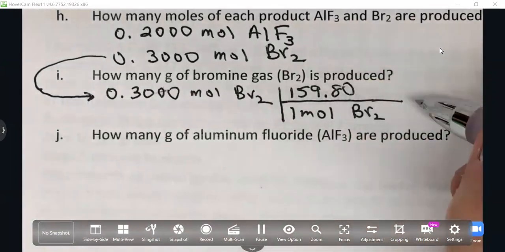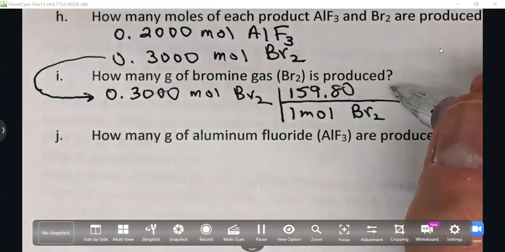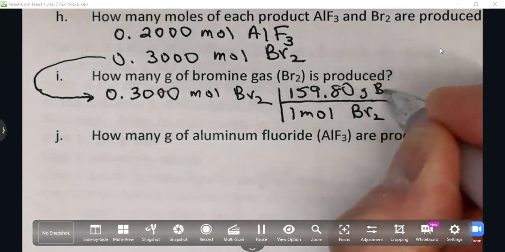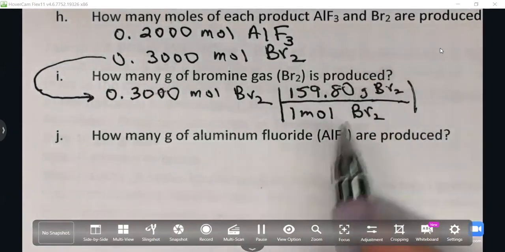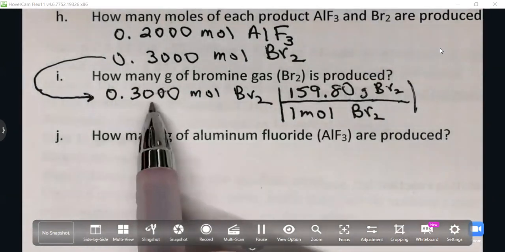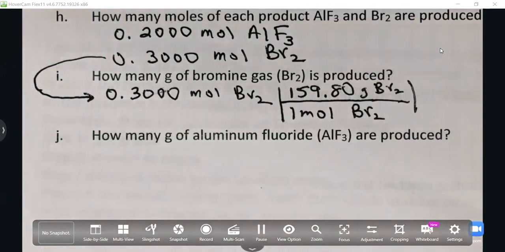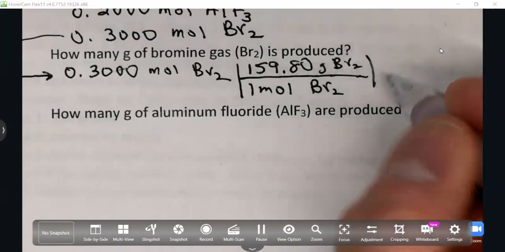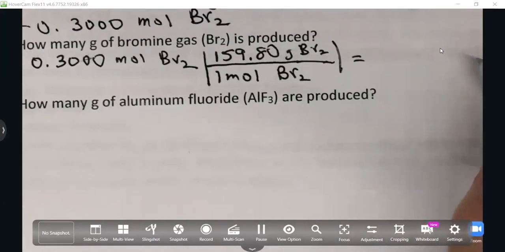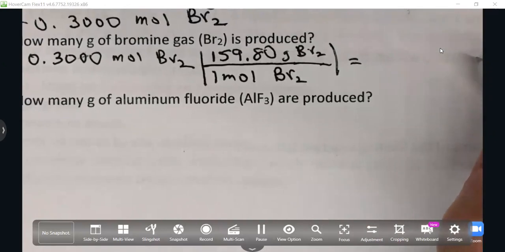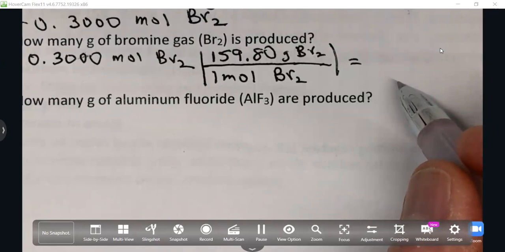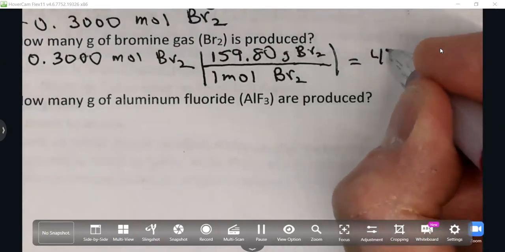You got 80. So 159.80 grams of bromine. Okay, this says 5 sig figs, it says 4. So if we do 4 sig figs in our answer, we get 47.94. Is that right? 47.94 grams here? All right.